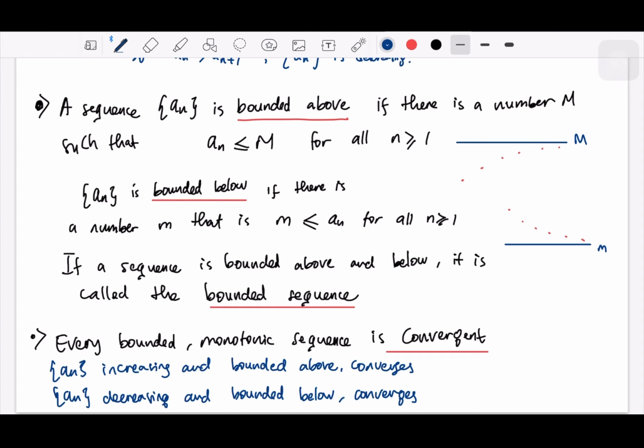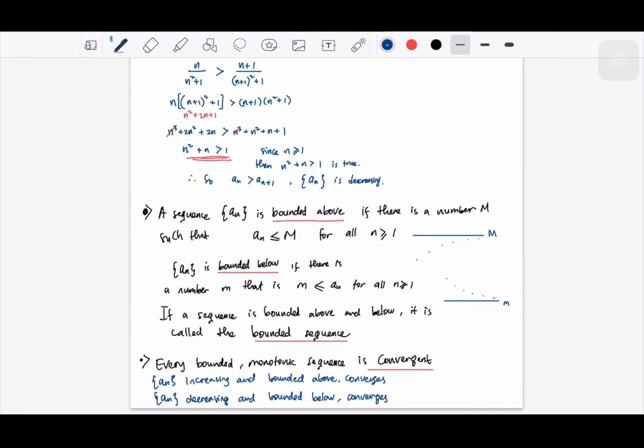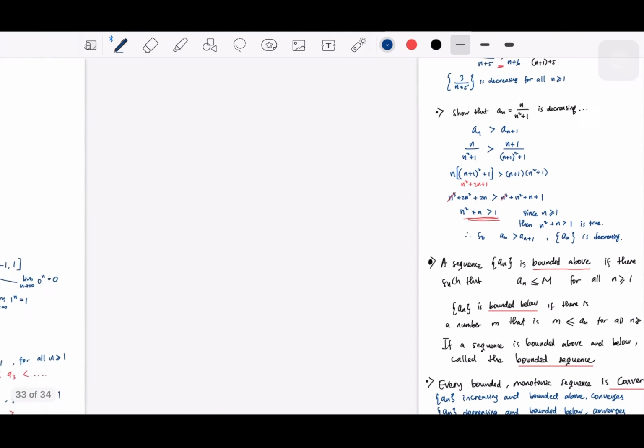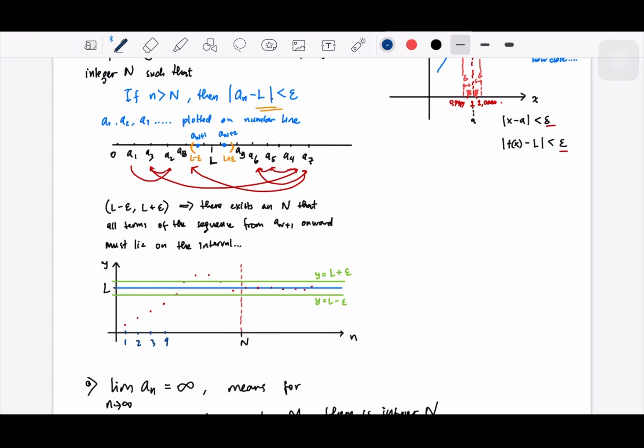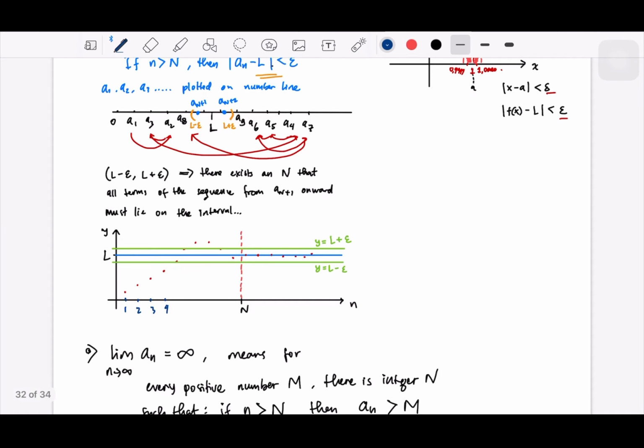Okay, any questions on the previous content? Okay, I think if you're still confused about what's really happening in the precise definition, later I will give you maybe an additional video to be analyzed. But the point is, the precise definition of limit doesn't really affect any calculations, right?